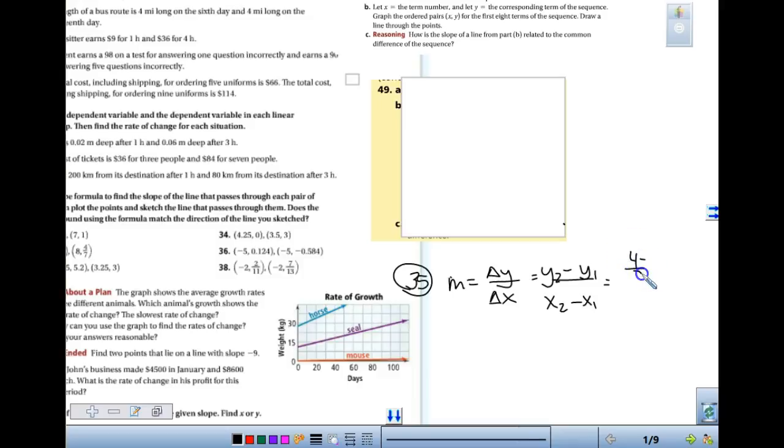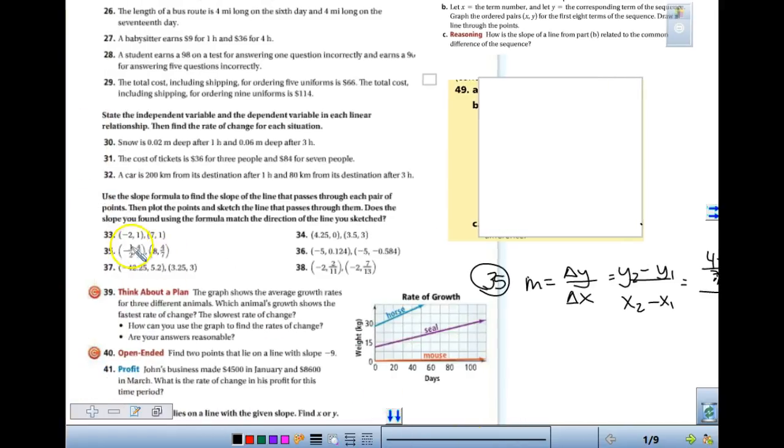So when I look at that, some of you are like, oh, this is a really ugly question. 4 sevenths minus 4 sevenths. What is 4 sevenths minus 4 sevenths? It's 0. And 0 divided by, does it really matter what our denominator is, when we subtract the x points of 8? Did you go 8 minus a negative 1/2 or negative 1? Plus.